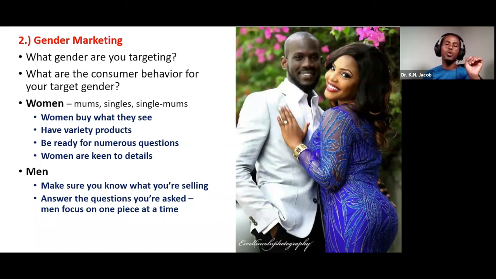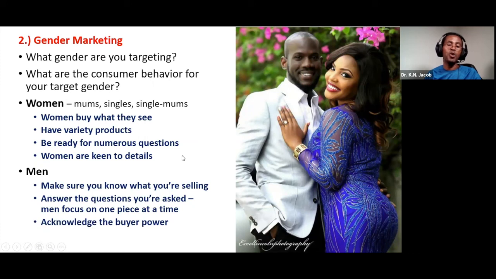If I'm going to the supermarket to buy bread, I'll pick bread and I am done. When I go with Mercy to the supermarket, I have to go praying in tongues for God to help her to finish, because she doesn't know when to finish. We agree with Mercy, we are picking bread. She ends up picking 2 trolleys, and I don't know why. One bread requires 2 trolleys. So with men, answer the question you've been asked.